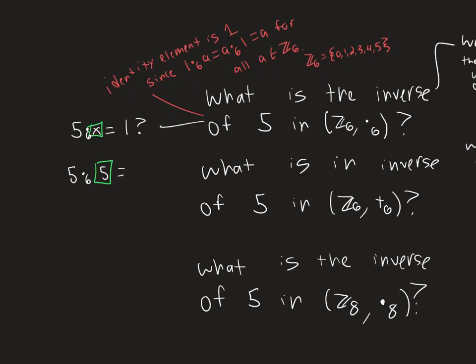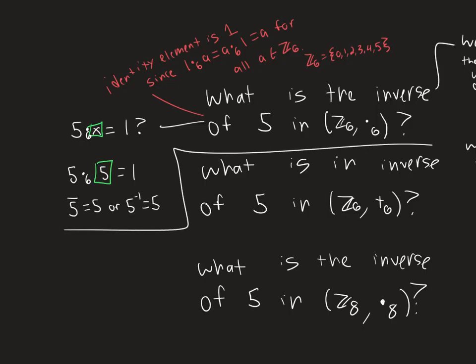And then if you mod out by 6, 4 times 6 is 24. So 25 divided by 6 is 4, remainder 1. So now we can write that the inverse of 5 in this special situation is 5. We also use that notation for the inverse.